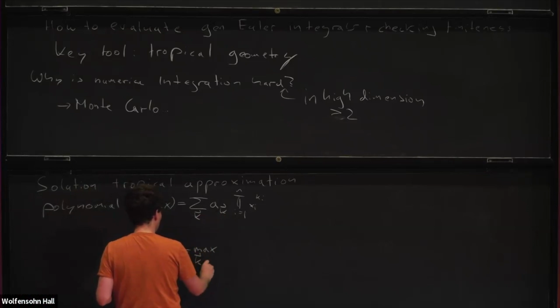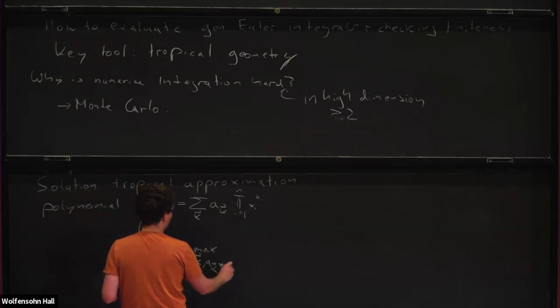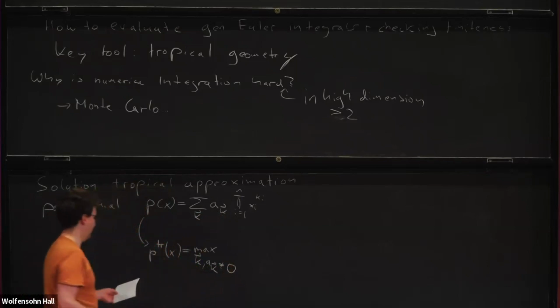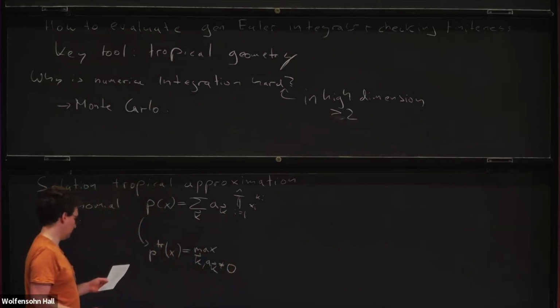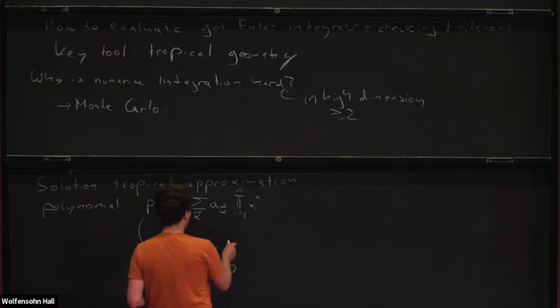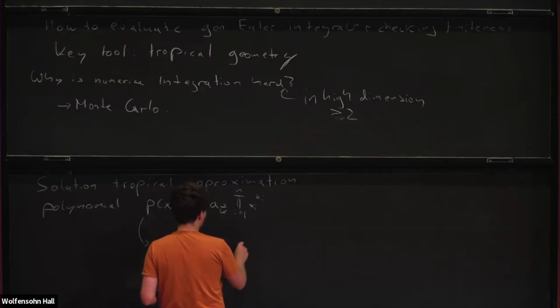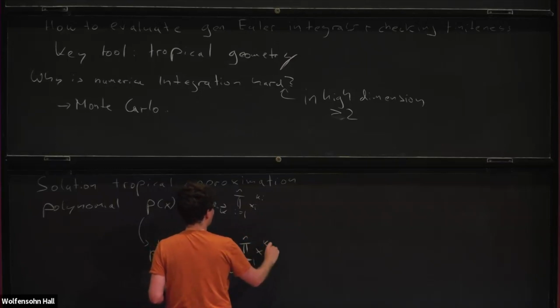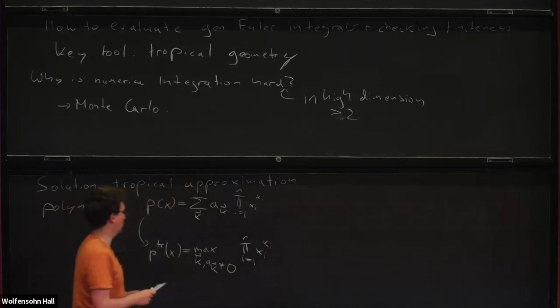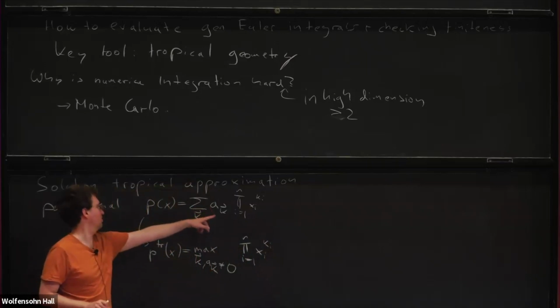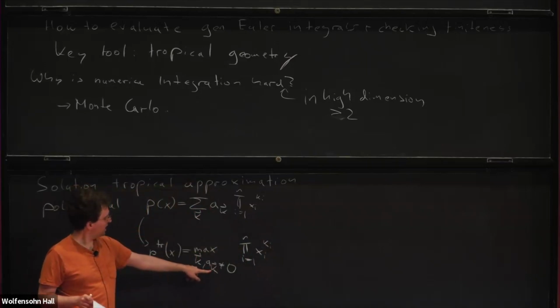So the index sets where the respective coefficients are non-zero. And for this maximal coefficient, we only take the maximum over the actual monomials, and we forget about the concrete value of the coefficients. So we only care about a_k if it's 0 or not.